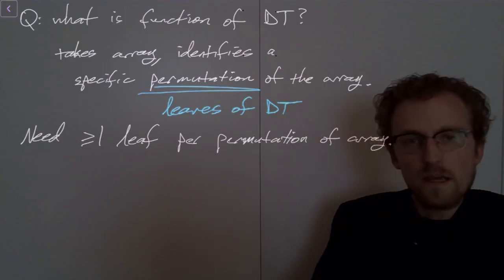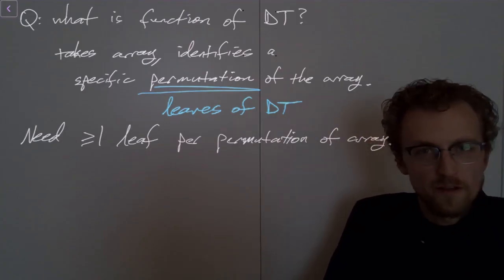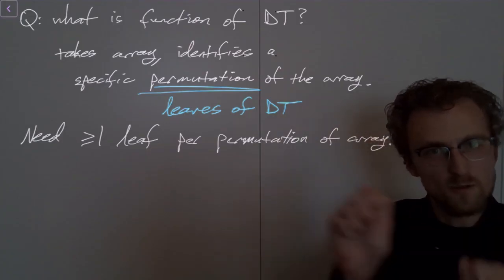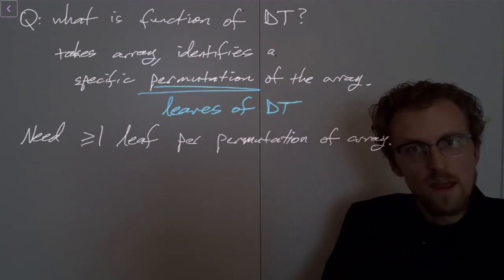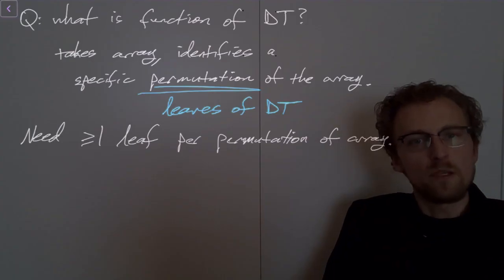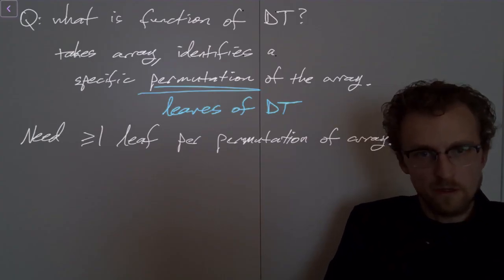We need to make sure that every possible output, which corresponds to swapping elements of the array around or identifying a permutation of the array, can be reached by this sorting algorithm.